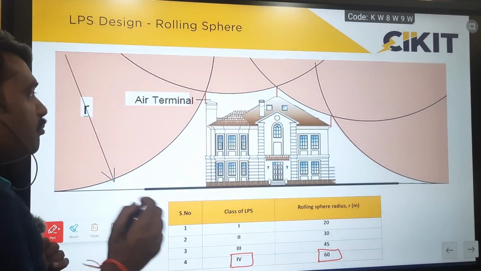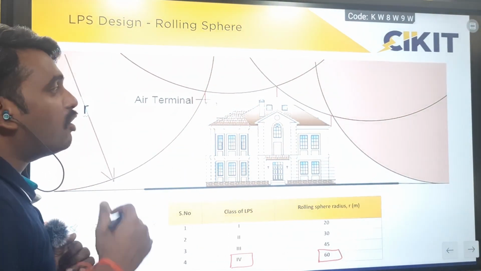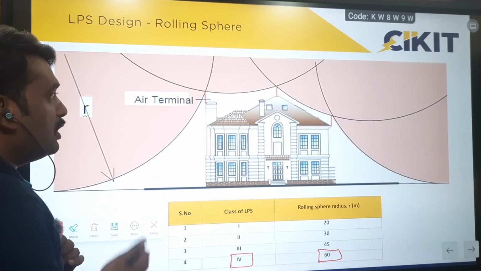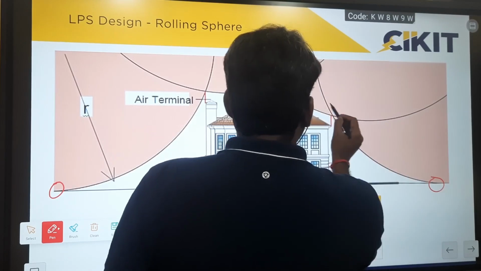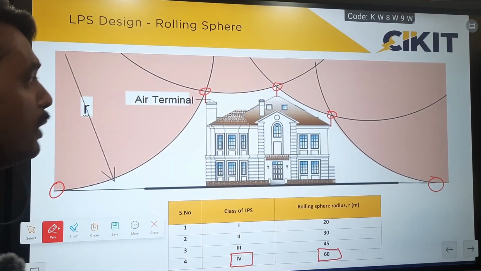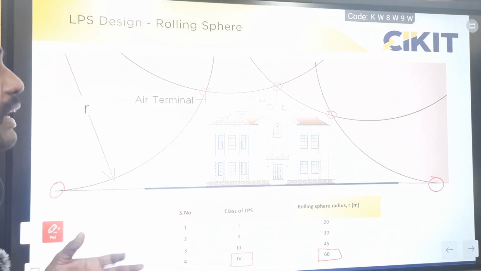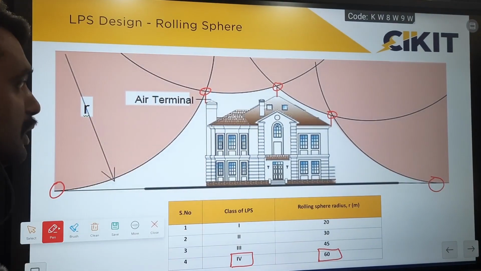And we should ensure that the sphere does not make contact with any parts of the building. The sphere can make contact only with the ground and the air terminals. If the sphere makes contact with any part, then that particular part will be considered unprotected.